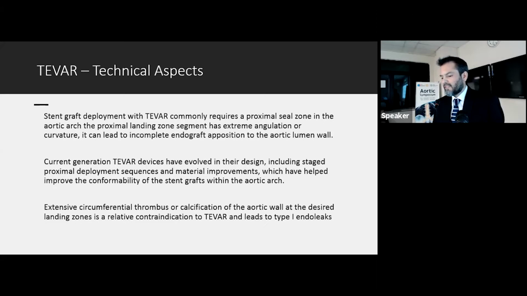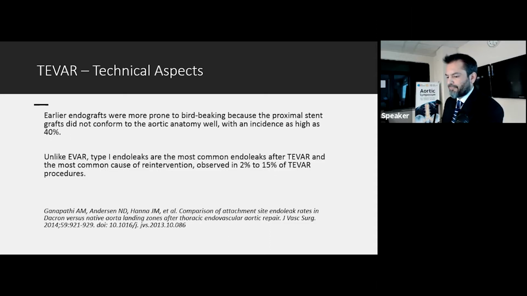Covering the left subclavian in itself isn't a major issue, except that the left vertebral comes from the subclavian. That's why we need to image the circle of Willis and make sure that the circle is complete, because even if you do a carotid subclavian bypass later on, they're still going to have a massive vertebrobasilar stroke.